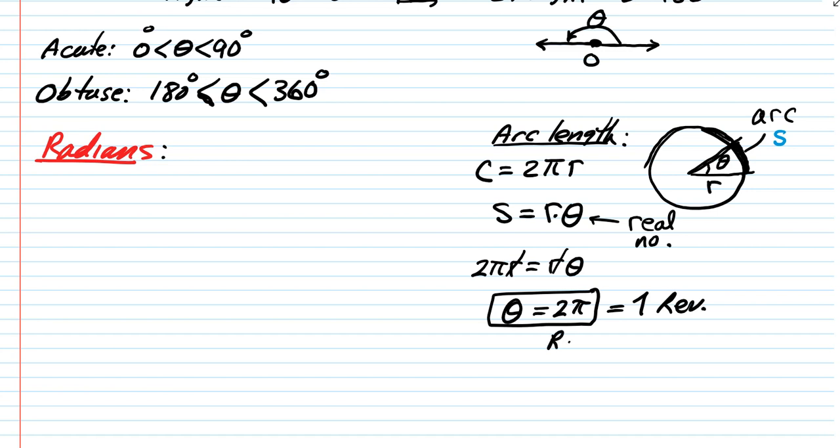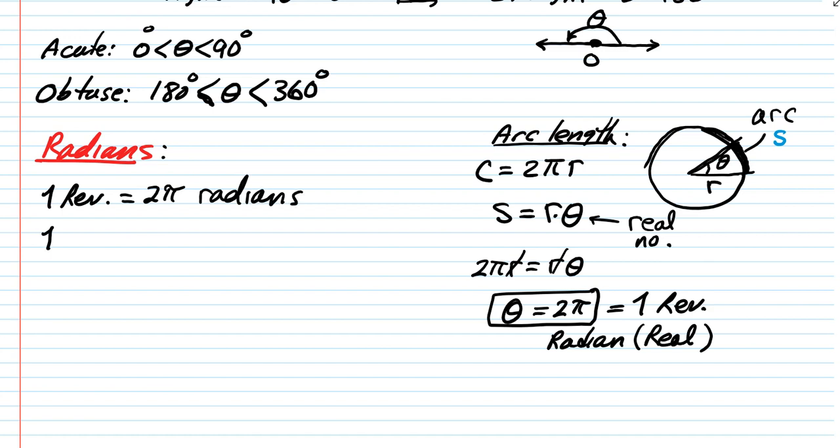And this is what's called the radian measure. Okay, 2 pi radians. So think of radian as synonymous with real numbers. Therefore, I'm going to write that one revolution around the circle is equivalent to 2 pi radians.